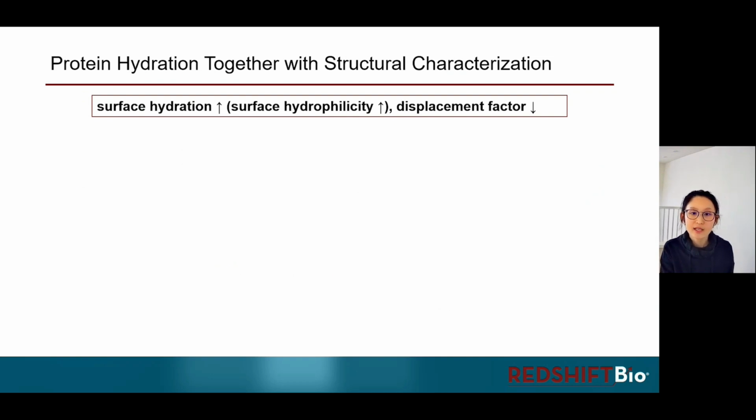So in summary, a typical trend is when we have increased surface hydration, in which case an increase in surface hydrophilicity or decrease in surface hydrophobicity, we will have a decreased displacement factor.